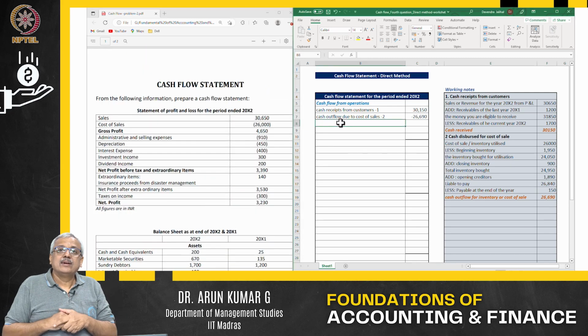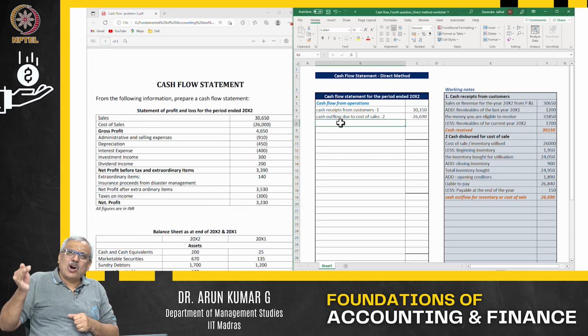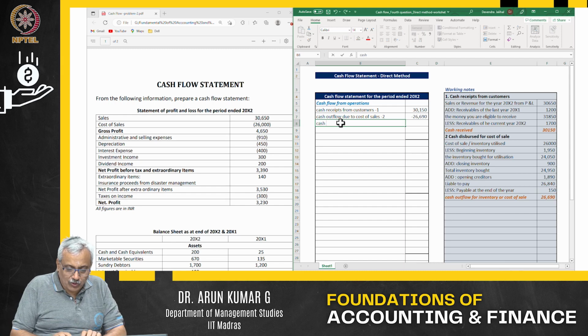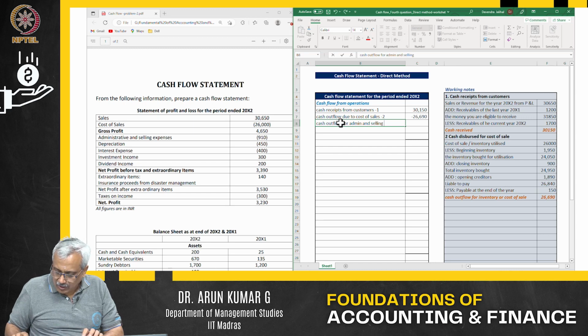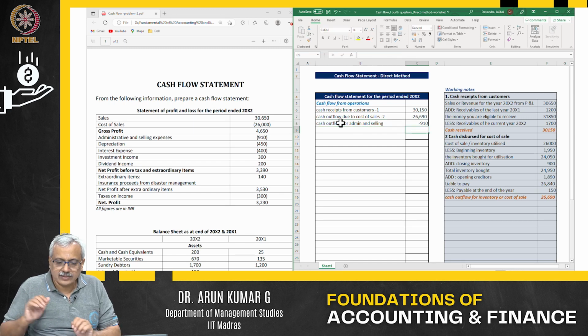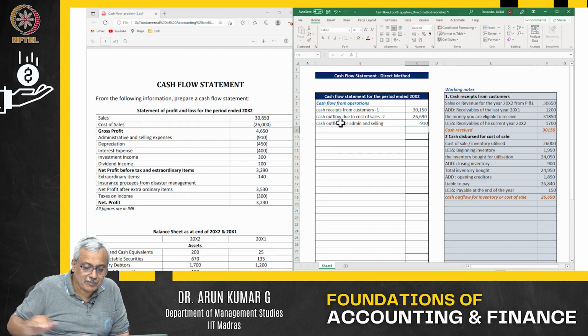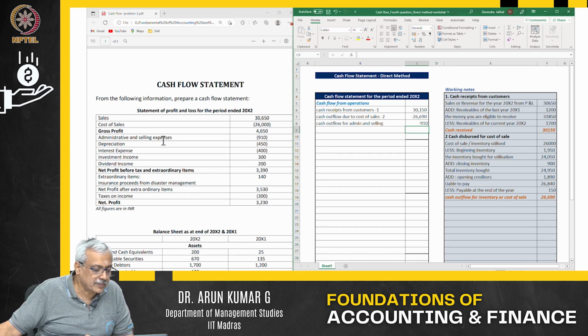So, that means there is a cash outflow related to admin and selling. How much is it? 910. I pick it up directly from here.